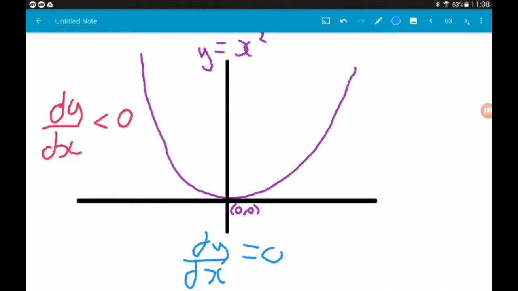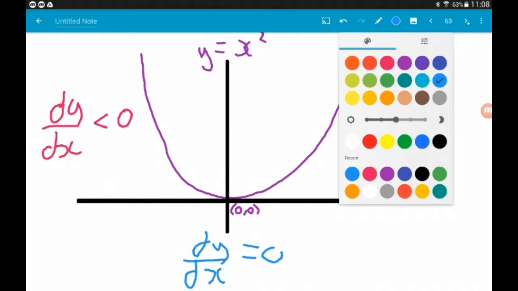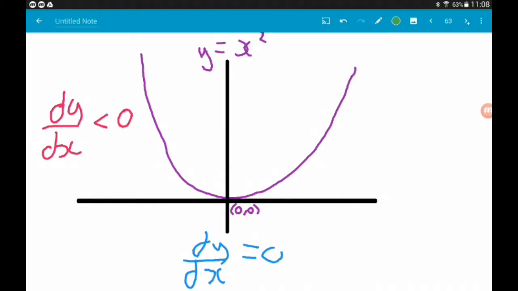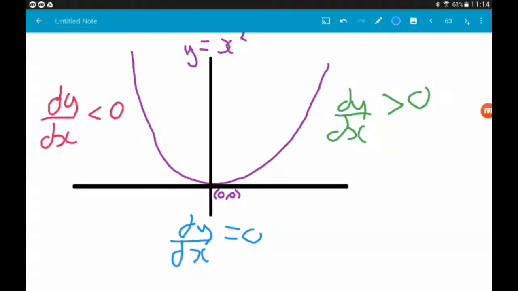On the right, well, the graph is picking back up again. It's now increasing from left to right. So, over here, dy by dx, the gradient of our curve, is greater than 0.